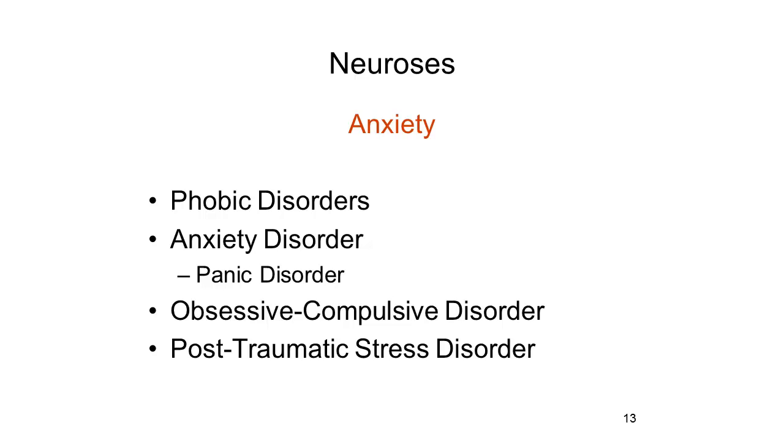The neuroses include a variety of phobic disorders, all of which entail excessive, unwarranted, and irrational fears of specific objects and situations, such as snakes and spiders, heights, open spaces, or public places. In contrast, anxiety disorder is characterized by a free-floating state of apprehension and worry, anxiety, but unattached to any object.